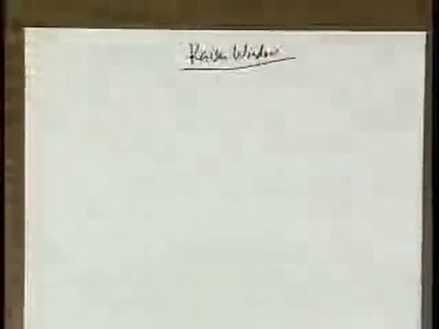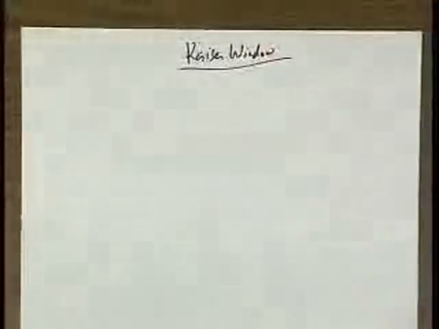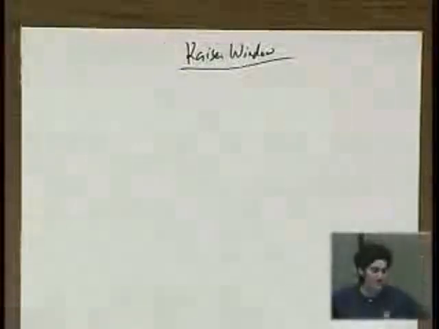So it turned out that Kaiser, not Kaiser Permanente, the insurance guy, but a fellow by the name of Kaiser, came up with a thing called the Kaiser window that put an end to the window design game. The way he did that is pretty straightforward. He came up with a parameterized set of windows where you have two parameters, so you can do all these trade-offs in a nice systematic way.